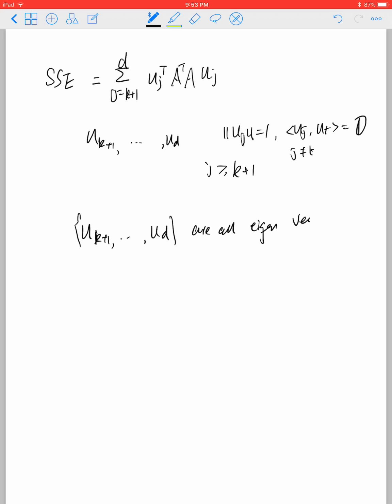Right? And if you add Lagrange multipliers into this minimization problem, which is pretty standard, right? And you can solve that actually.